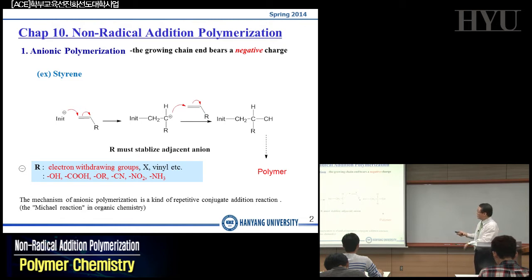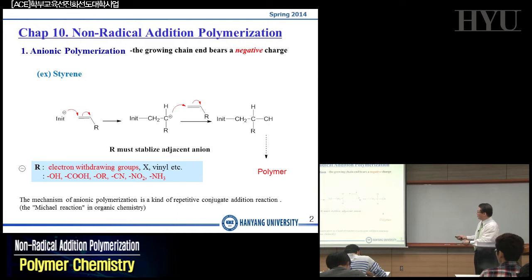Okay? That's why it becomes a negatively charged carbanion at the end of the chain, so that it will become something like this. And this carbanion will also attack this monomer from the left-hand side, and the right-hand side will be a carbanion. Okay, I think this is the minus charged one, and so on.